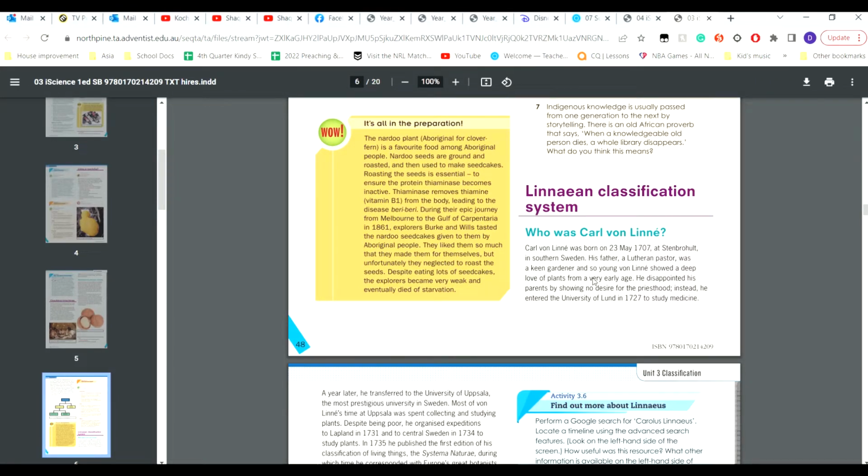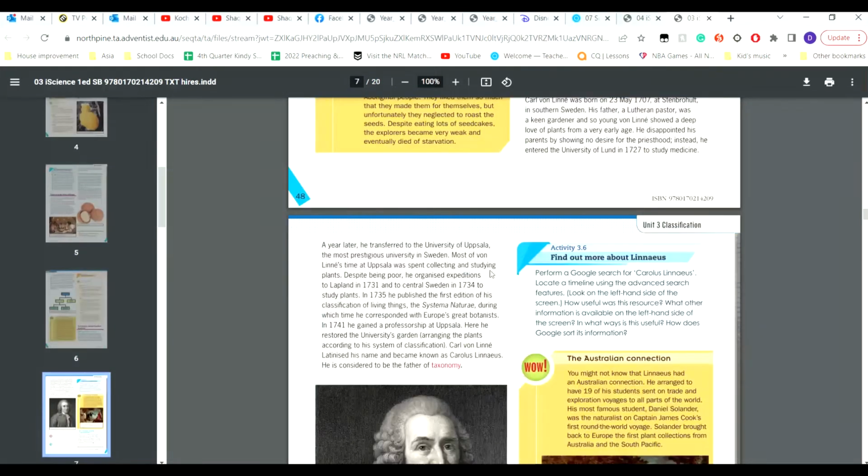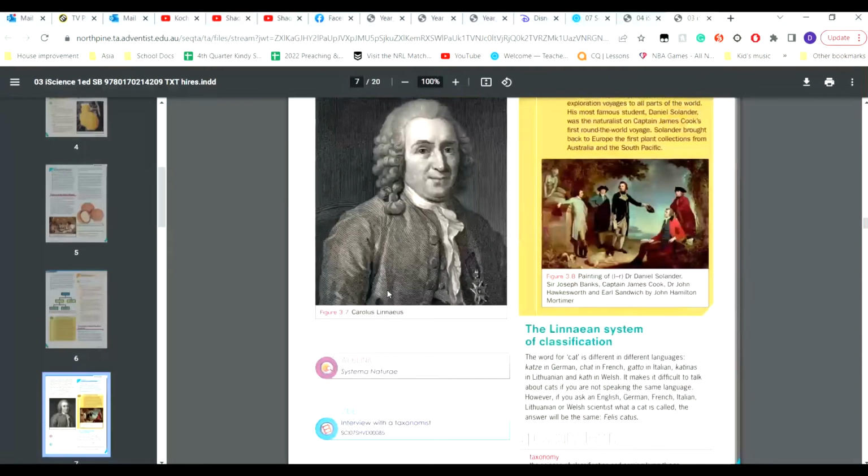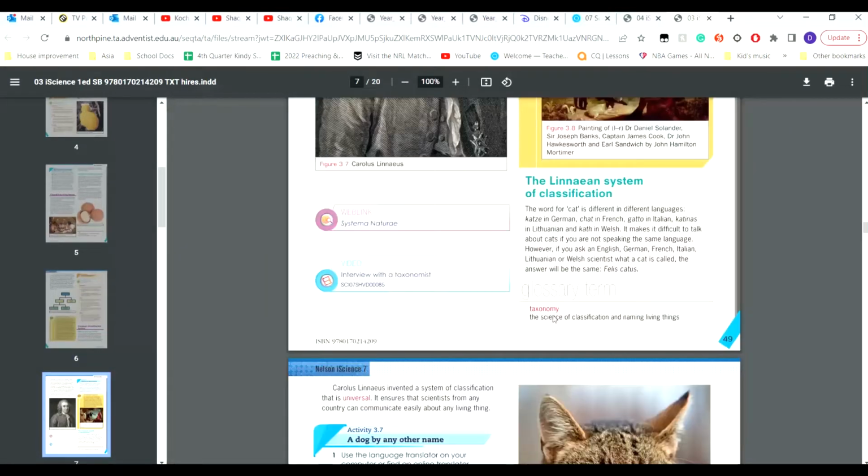And that's all got to do with basically leading to what we have today. He was the father of organizing things in that. And you can see the study of taxonomy is linked with classification. It's the same thing, really. It says here, taxonomy, the science of classification and naming living things. So that's part of that idea.